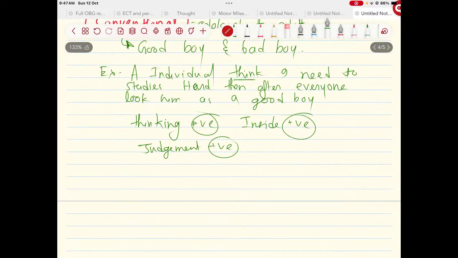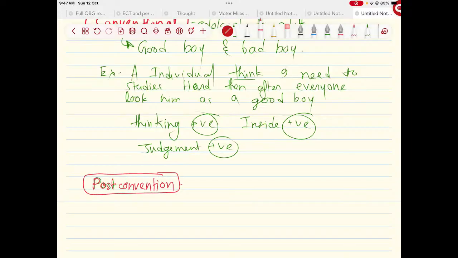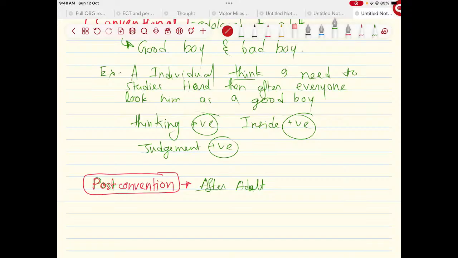And the post-conventional. In the post-conventional stage, what is the patient telling? The age is after adult, and it concerns rules and regulation.